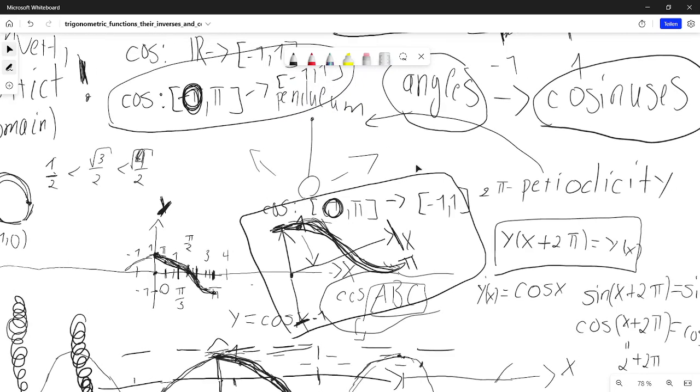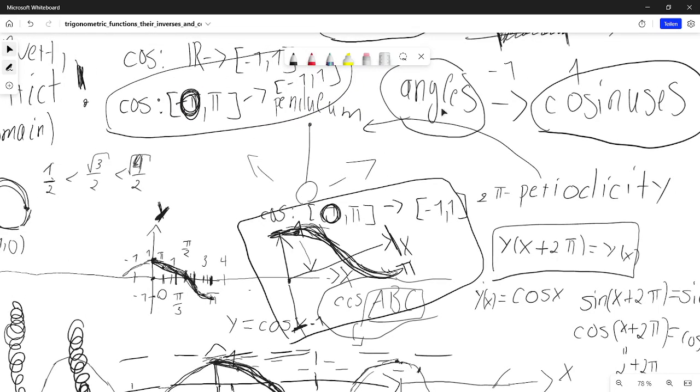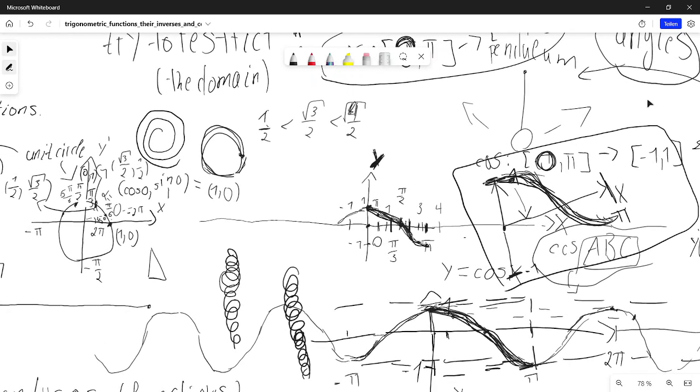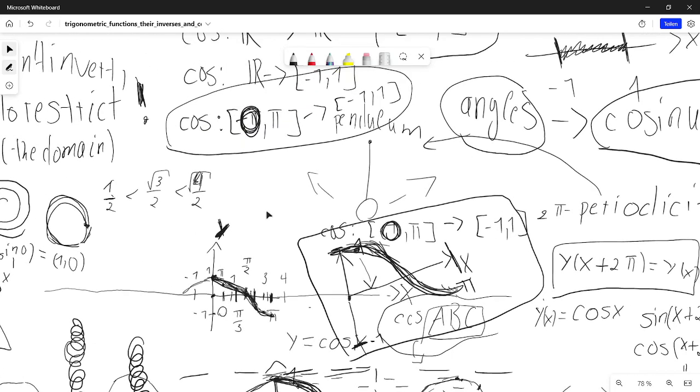We go from angles to cosinuses by cosinus, but the calculator now has the opposite task. You gave him cosinus of some angle, but of some angle from this domain. And then it should have no trouble because it takes this cosinus, just finds the number of this cosinus on this axis, symbolically speaking. And it goes to this number.